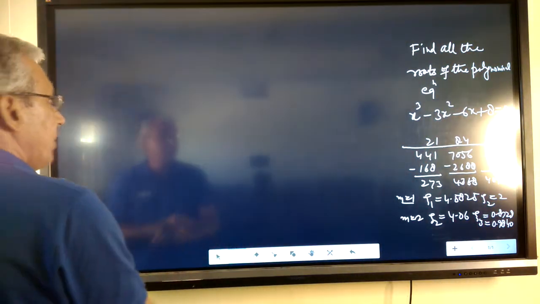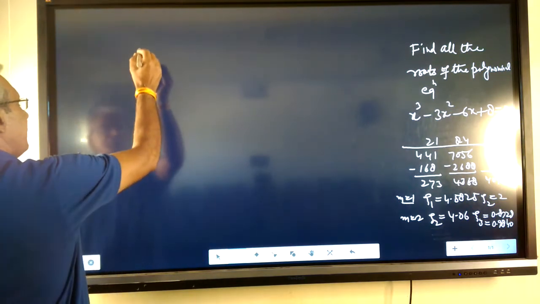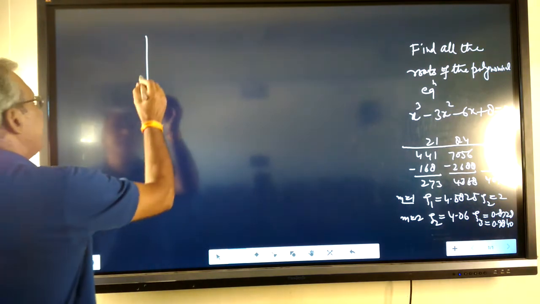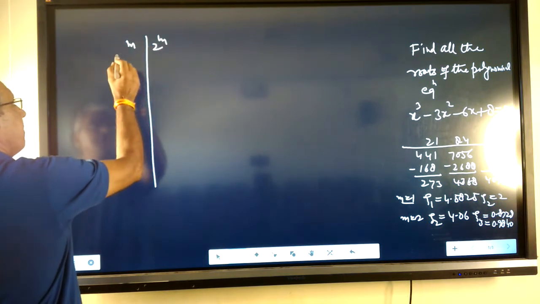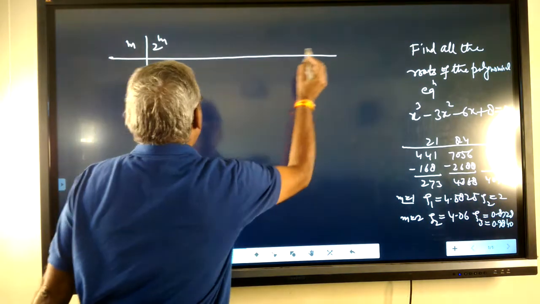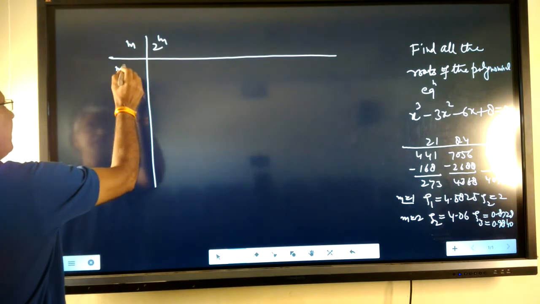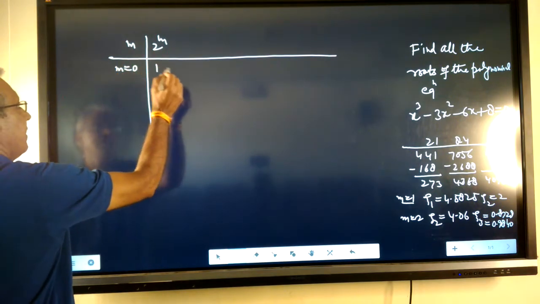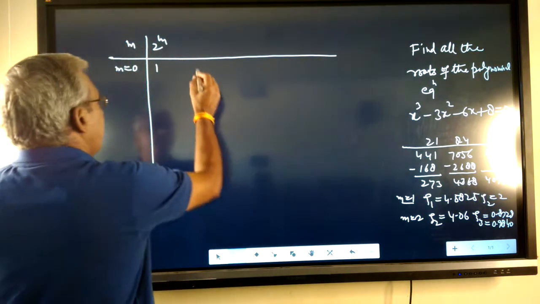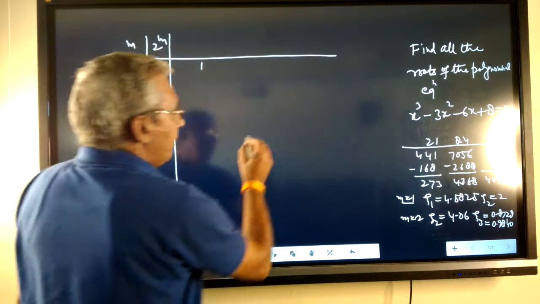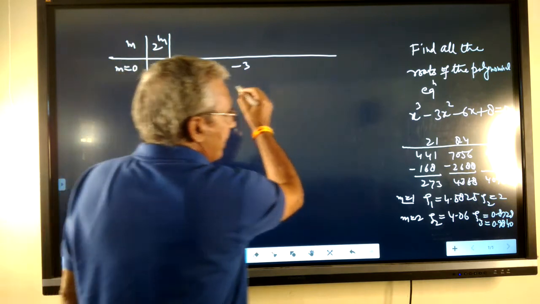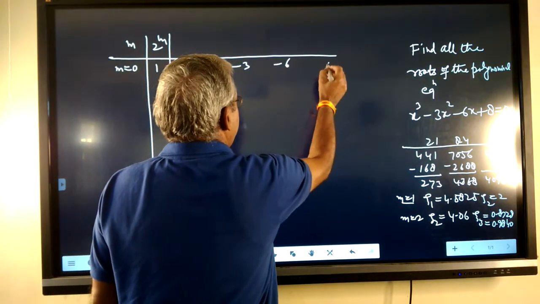First of all, we write the coefficients of x to the power m. For m equal to 0, the coefficients are 1, minus 3, minus 6, and 8.